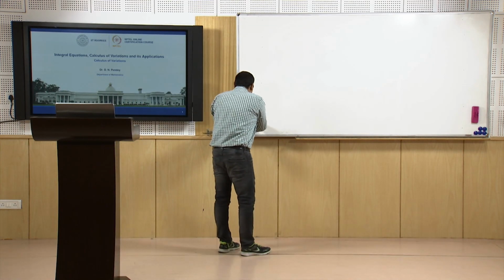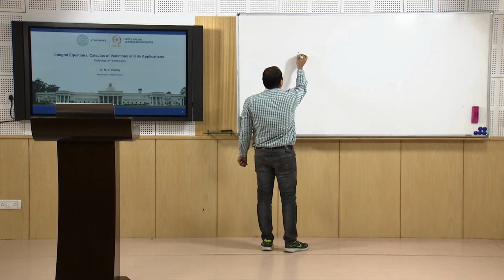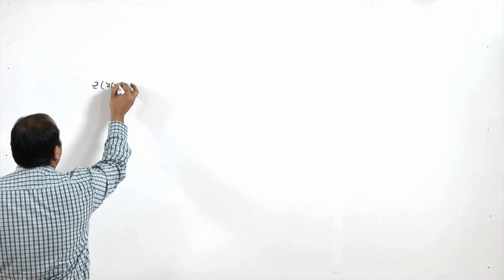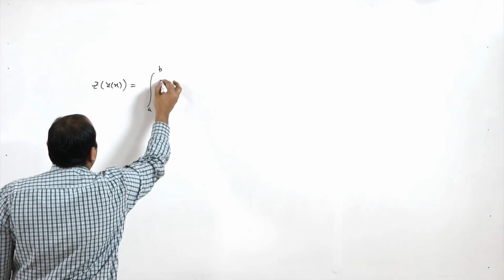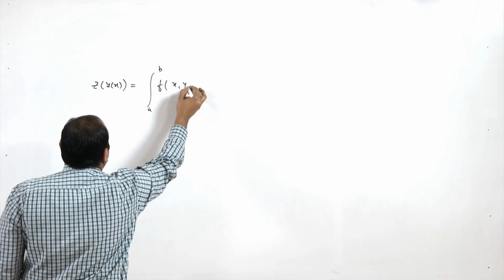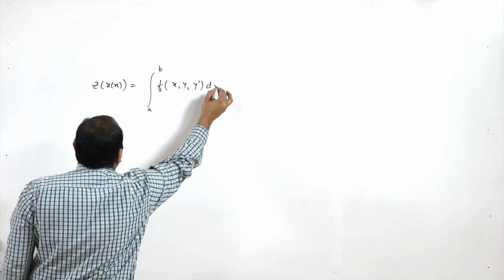Here it is given that z[y naught(x)] is defined as the integral from a to b of f(x, y, y dash) dx.